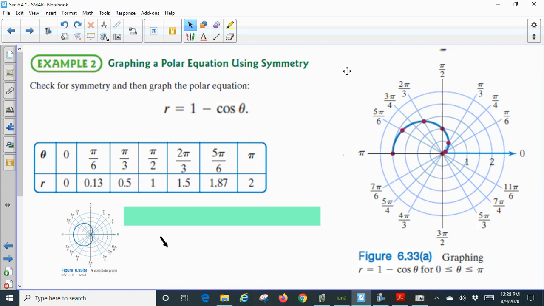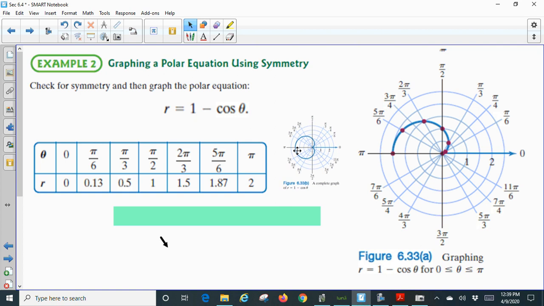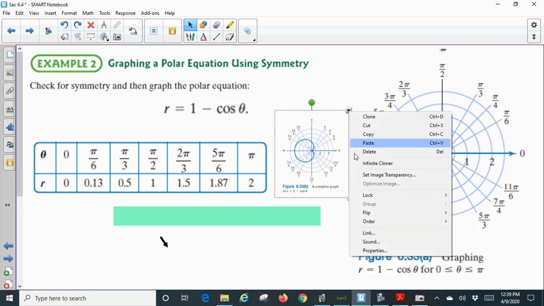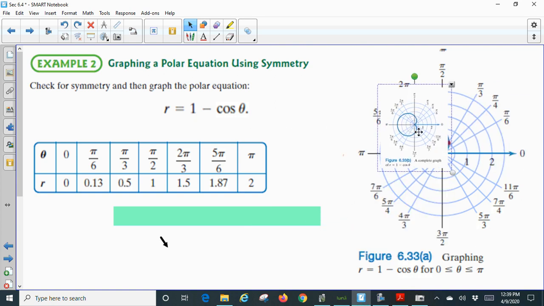I stopped for a few moments and put it on pause while I went to my book online and copied a picture of the particular graph. These are the ordered pairs we plot, and here are all the points plotted in. However, if you will remember, we had found that our graph had symmetry over the polar axis, or the x-axis, so all of these points above would repeat below.